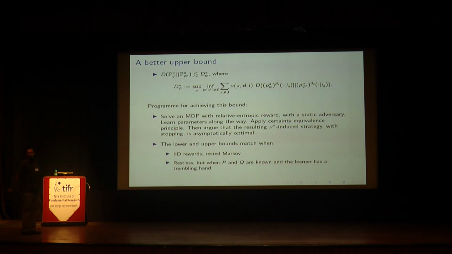Whenever you have this trembling hand phenomenon, analysis becomes easy. So there's some regularization that happens. And in these cases, we have been able to resolve the problem. Okay. So what's in progress is the case of steady hand and unknown P and Q. And this is also for the case when P and Q are known.